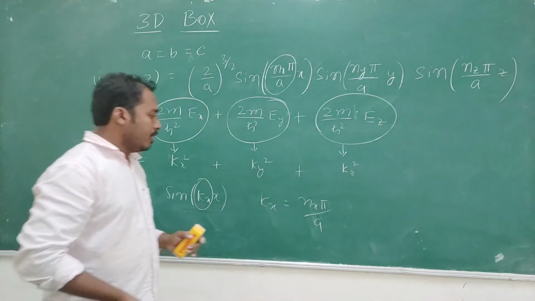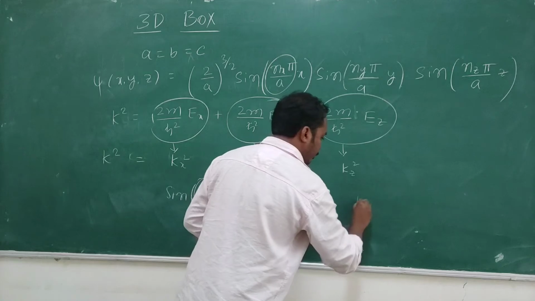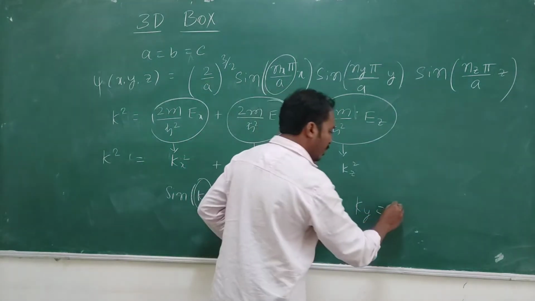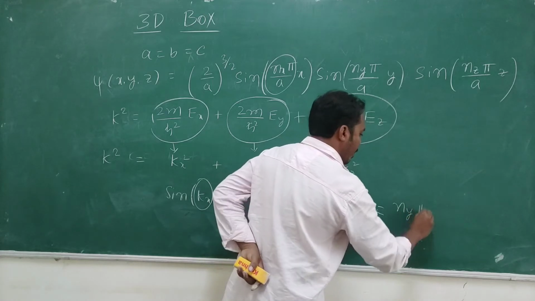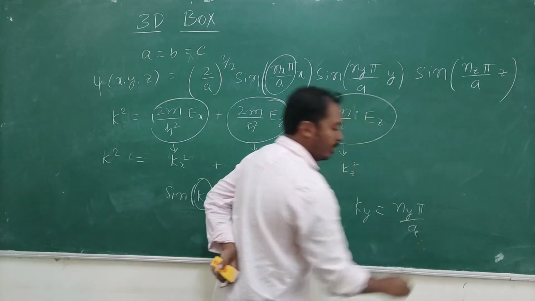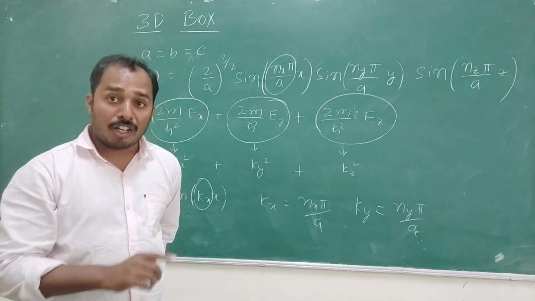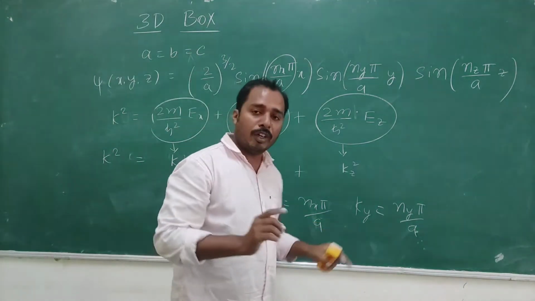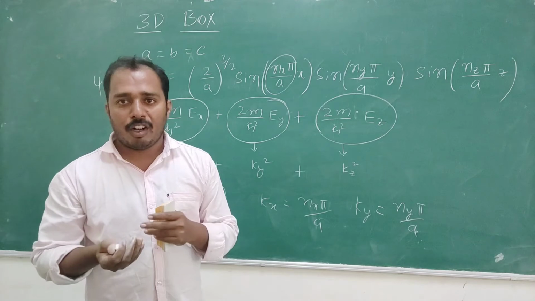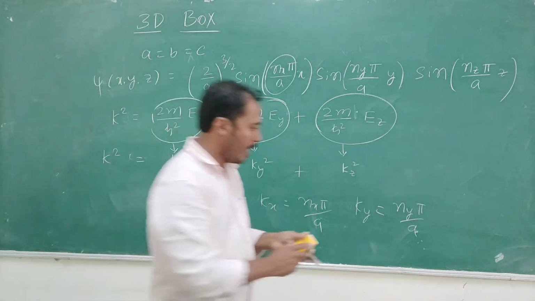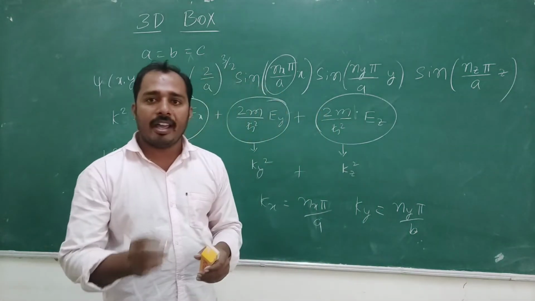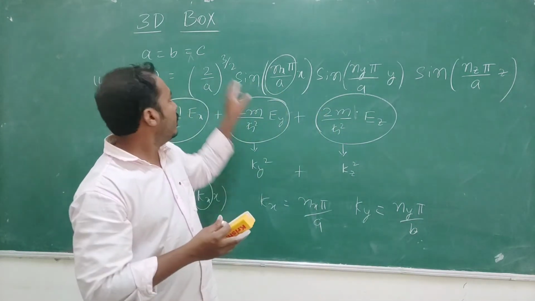Okay. Similarly, ky is equal to ny pi divided by a. Here we are talking about a equal to b equal to c. In case a is not equal to b not equal to c, we have a different length in each case, but I am interested in this condition.